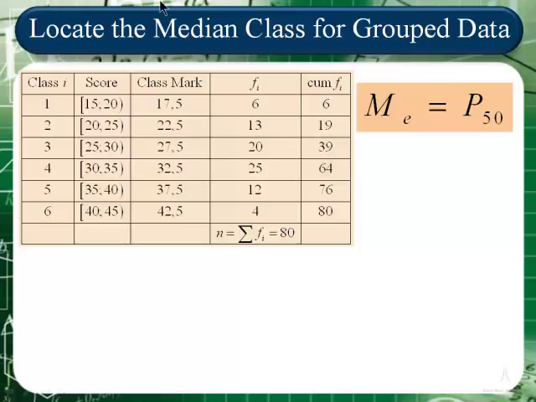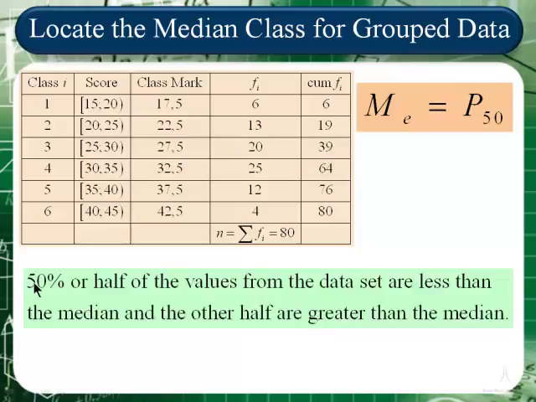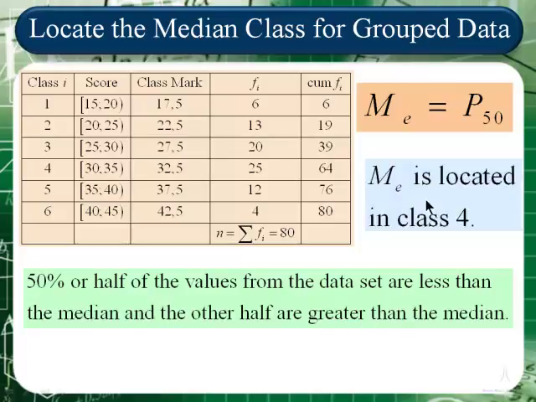Therefore, the median class is only the next class. So 50% or half of the values from the data set are less than the median. The other half must be greater than the median. So therefore, the median class cannot be class 3, but the median is somewhere in class 4.